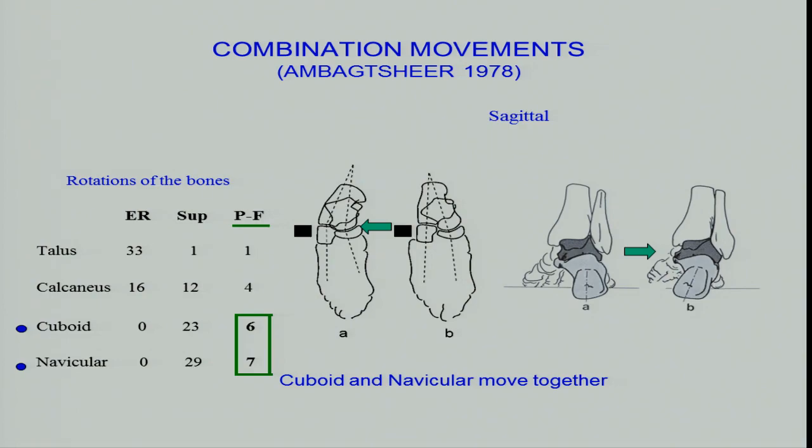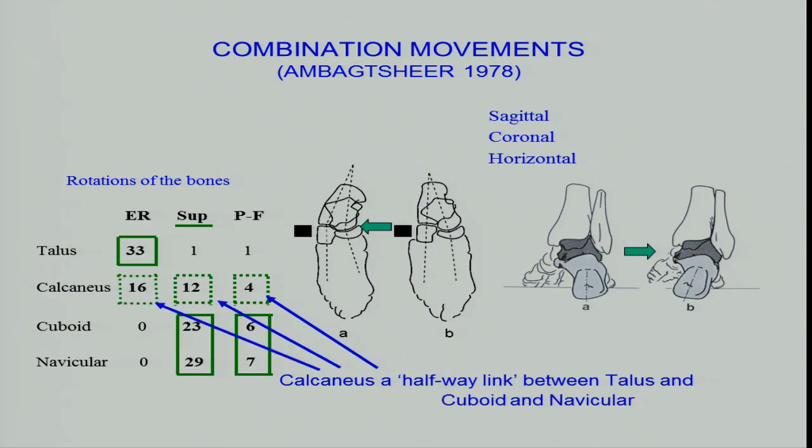It was very clear that the cuboid and the navicular tended to move together, and that the calcaneus was again half the range of movement as regards plantar flexion. So the calcaneus was shown to be a halfway link between the talus and the cuboid.